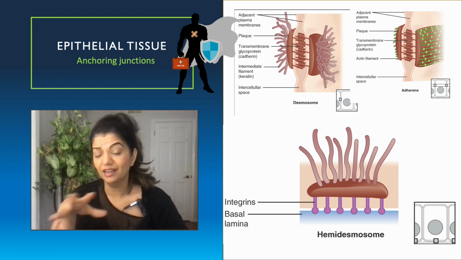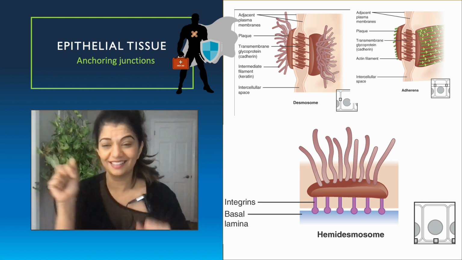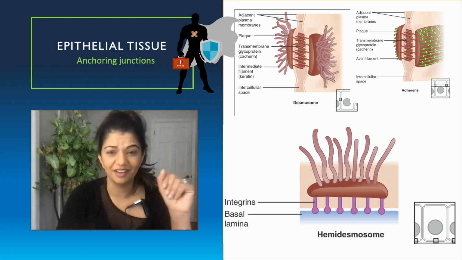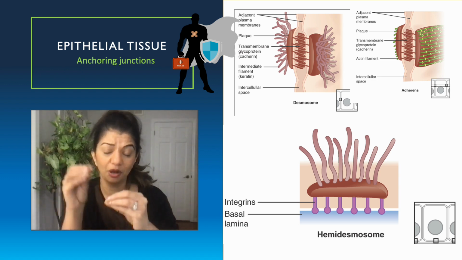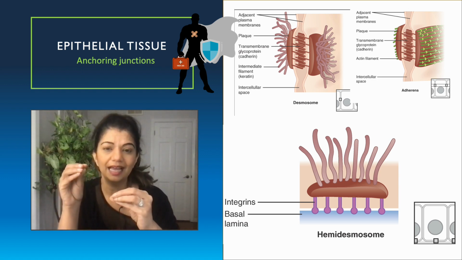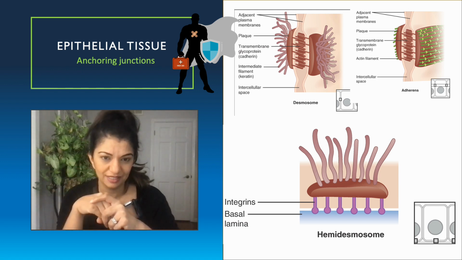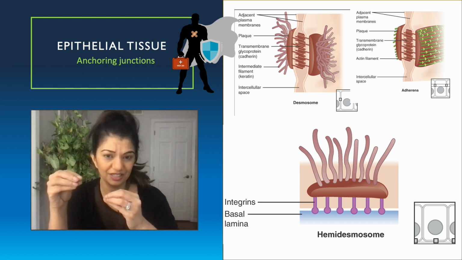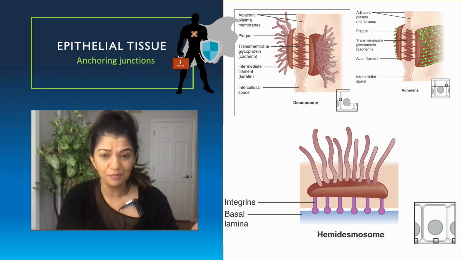And I don't know, when I look at this picture, it reminds me of aliens, because they're these finger-like projections or whatever. But desmosomes are the top picture that you see there, and they occur on patches on the membranes of cells. And these patches have structural proteins on the inner surface of the cell's membrane.